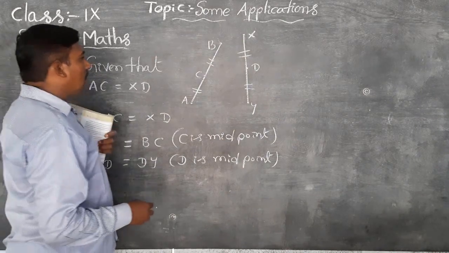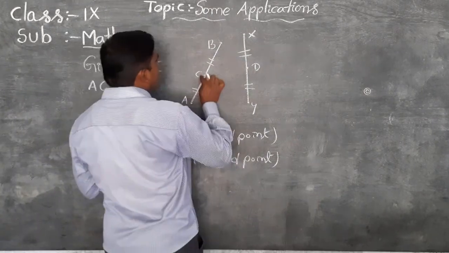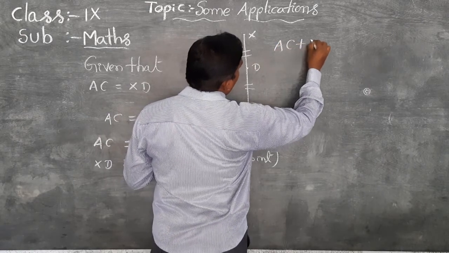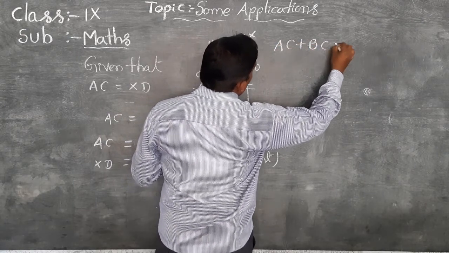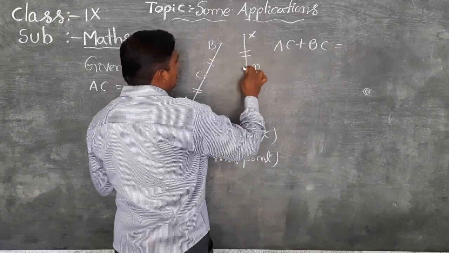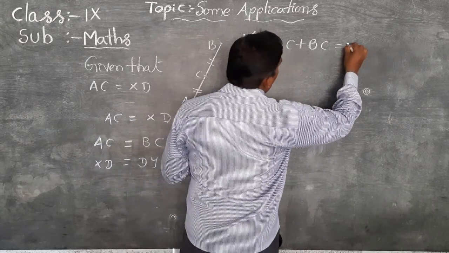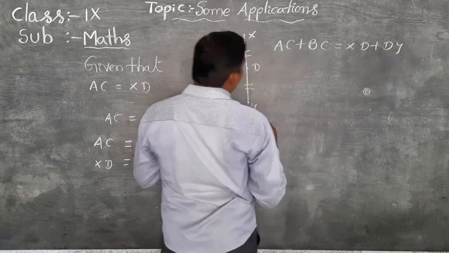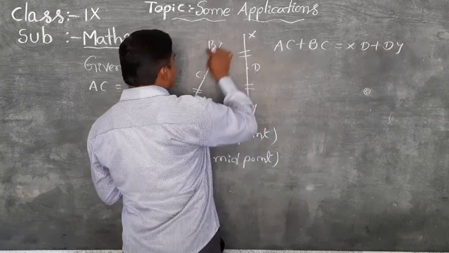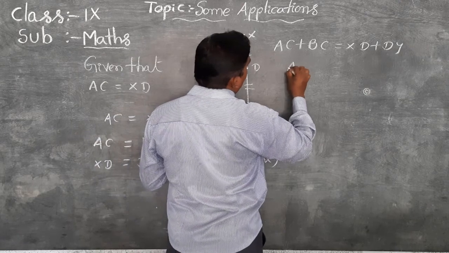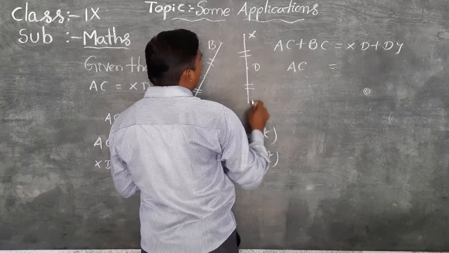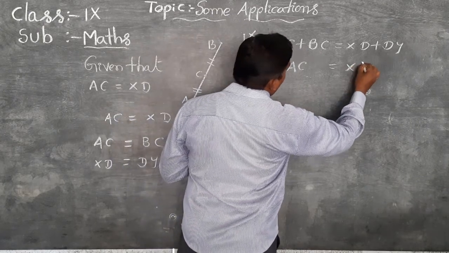Then we add these two values: AC plus BC is equal to XD plus DY. AC plus BC is the total AB, and XD plus DY means XY.